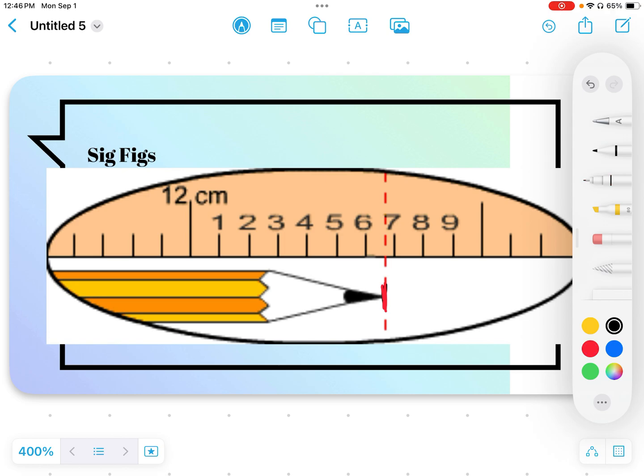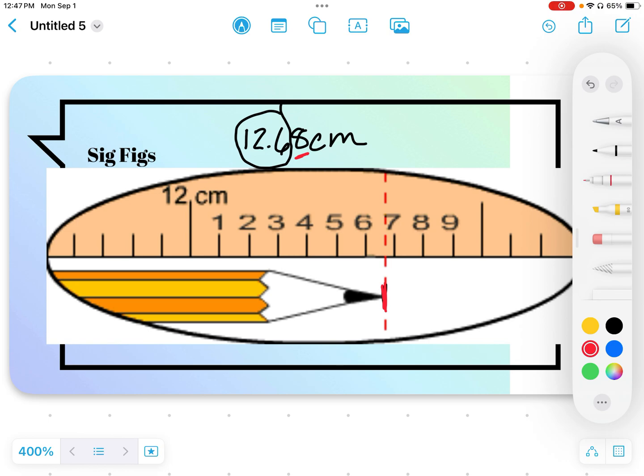To be the most accurate we could get, we would probably say 12.68 centimeters. What we're saying here is that this 12.6 is definite. Those are numbers that we know for sure are correct. It's this 8 here where the rounding is taking place.